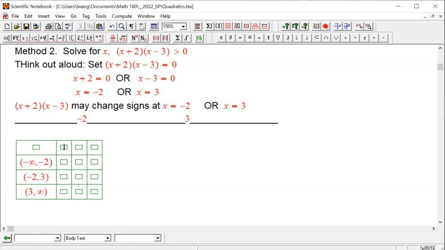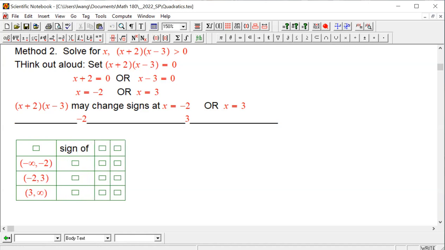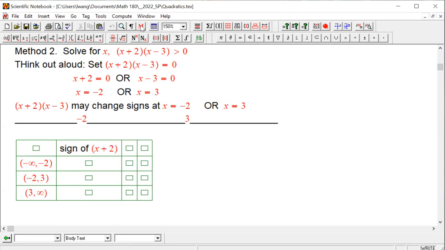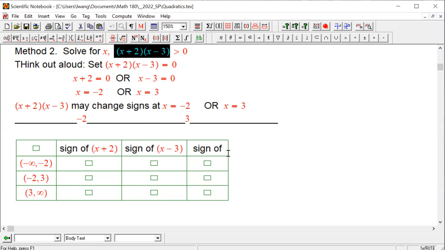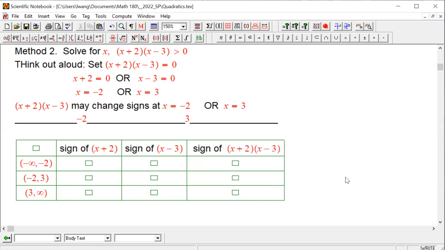You're going to observe the sign of x plus 2, and also the sign of x minus 3, and the sign of the product. You might have seen this before. It's very similar to what we showed before. It's really the same idea. So on this interval, how do we determine the sign?